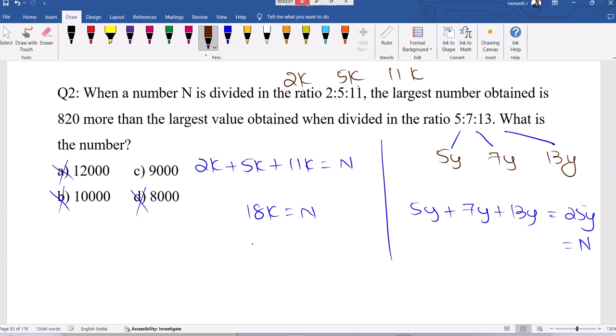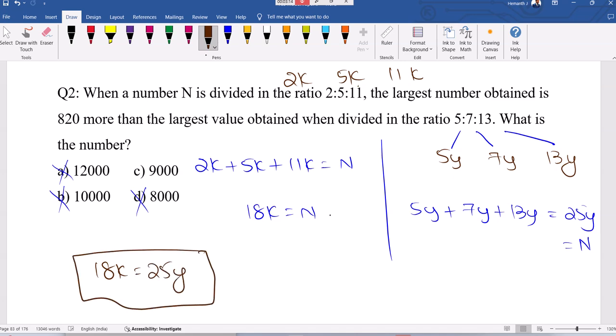Now fine, see, all these are equal. 18k should be equal to 25y. Fine, that's one relationship, because adding all this should be equal to n. The amount is divided into these three parts. Adding should be equal to total n. Here also adding should be equal to total n. The other thing they gave: the largest number obtained is 820 more than the largest here.